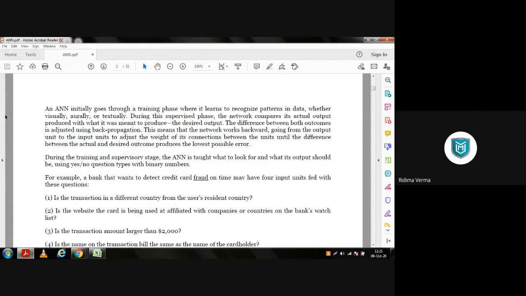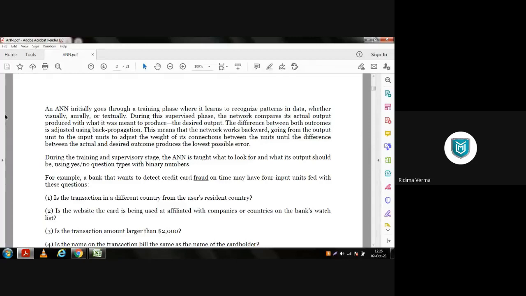An ANN initially goes through a training phase where it learns to recognize patterns in data. We have discussed these points, so right now I'm just reading them. If you have any doubt in a certain sentence or point, let me know.